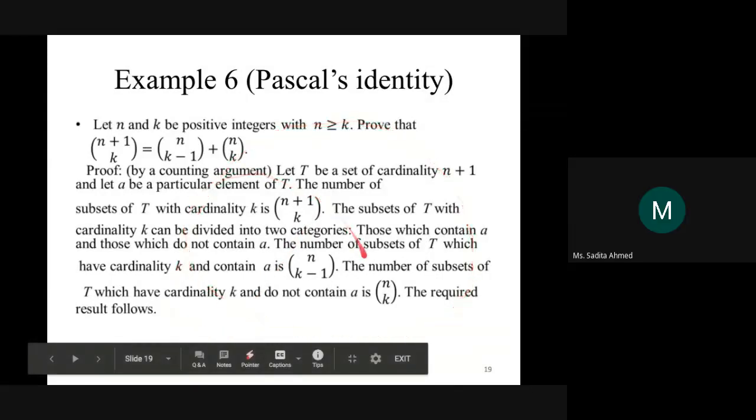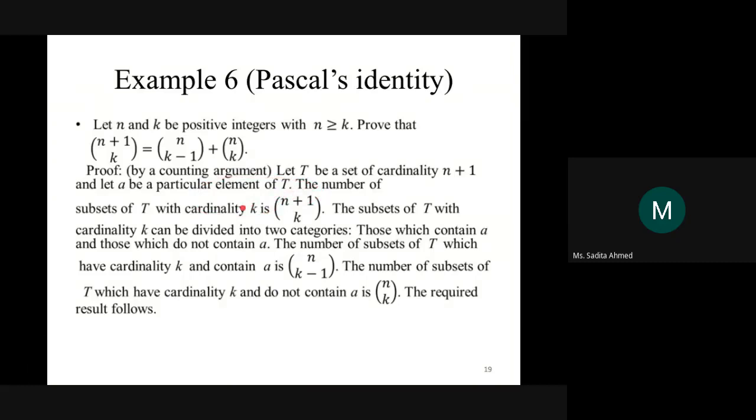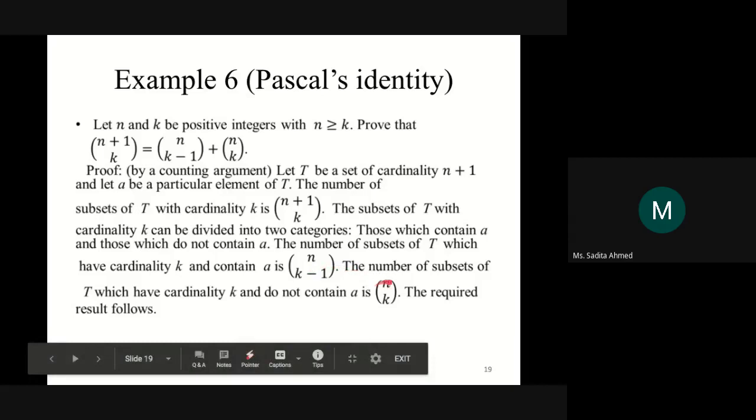All right, so that's the proof. So first, basically, using subsets and the ideas of set theory and counting arguments, we showed that the total number of subsets would be n+1 ck. Then we broke it down into two categories, the ones that contain A and the ones that do not contain A. The ones that contain A, the total count for that is nck-1. The ones that do not contain A would be nck.